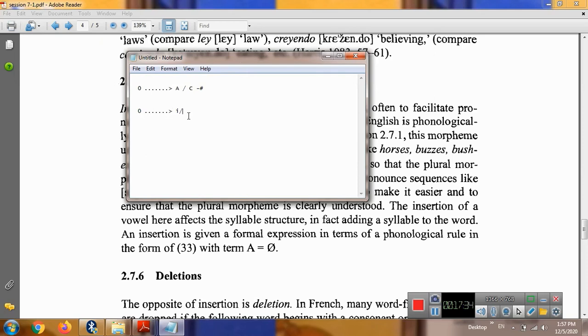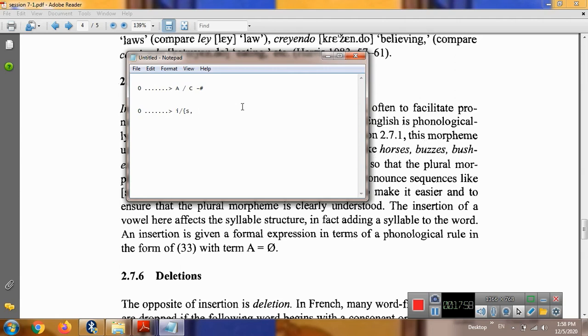We have this environment. After the C, you can use this symbol. We have C after C at the end of the word.